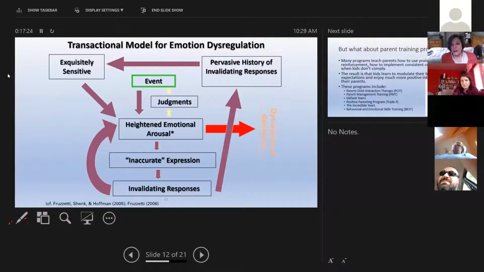Okay, so in terms of the way we try to look at our treatment with kids, we have kids who are exquisitely sensitive, right? This upper box here. We have kids that are exquisitely sensitive, and something happens. So I'm going to tell you the story of a 9-year-old who was in our program.